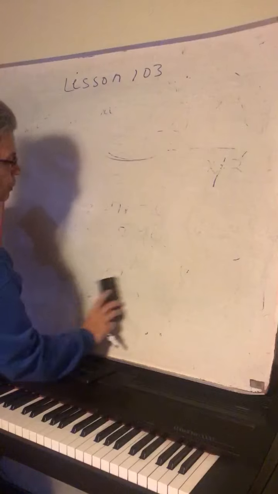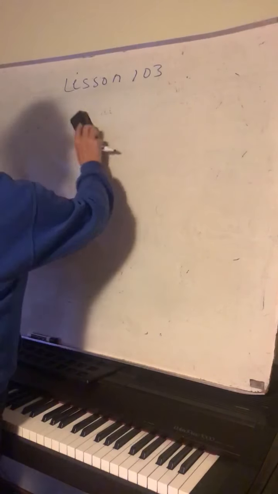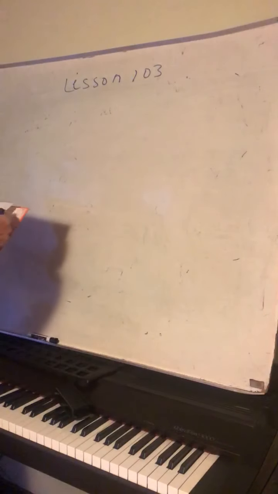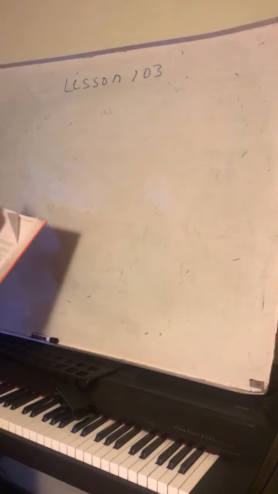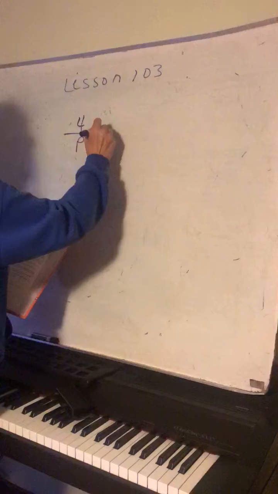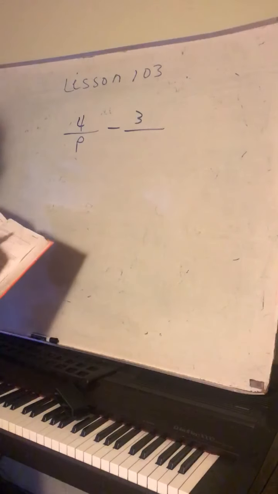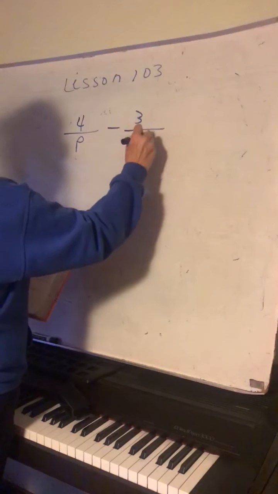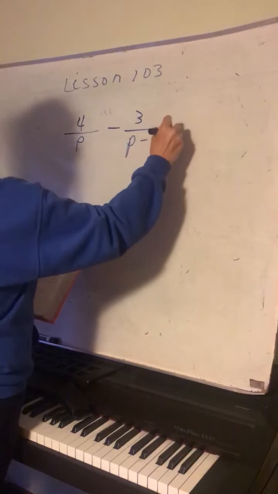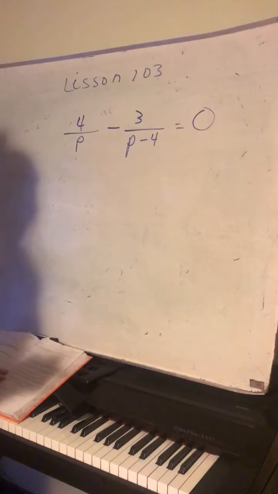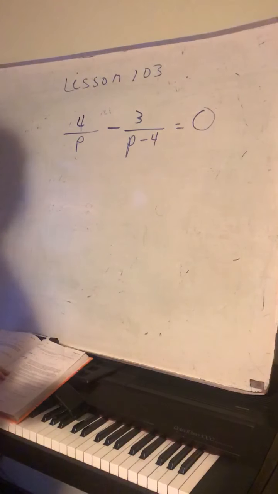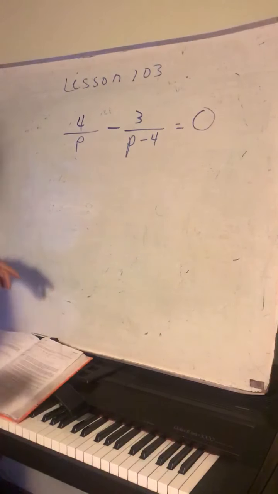So let me show you another one like that and emphasize that for you. Okay, here's another one. 4 over p minus 3 over p minus 4 equals 0. So this one right here, you know that p cannot be equal to what?